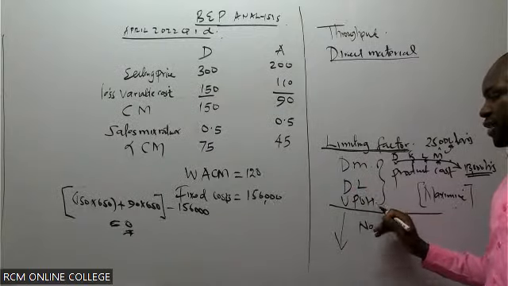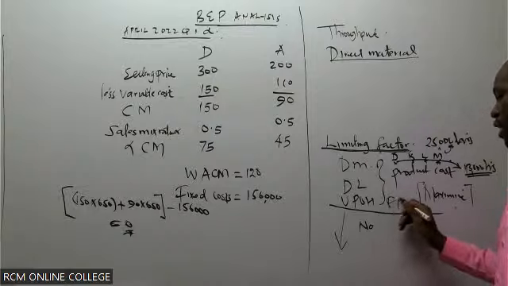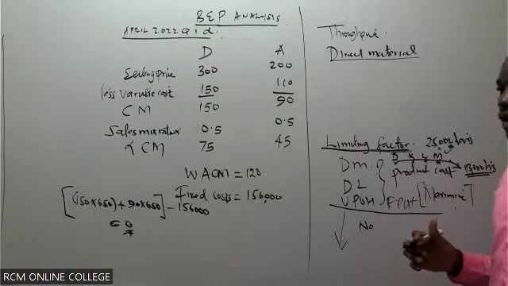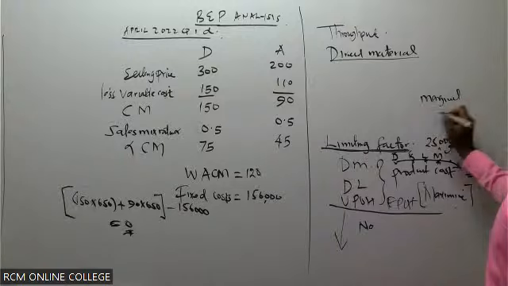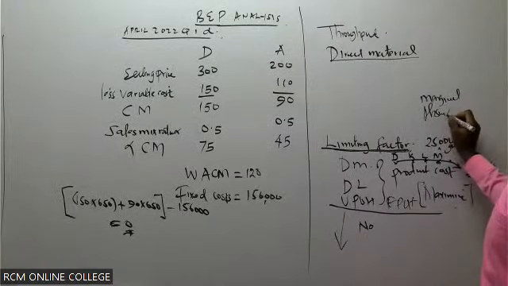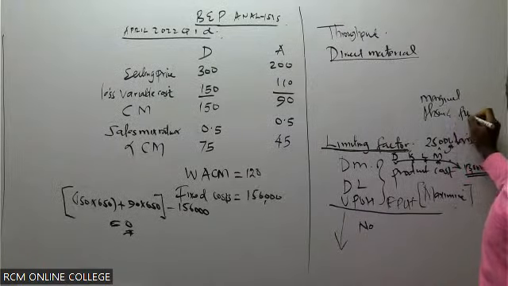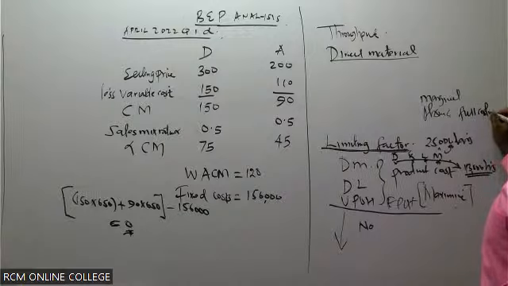Variable production overhead, the fixed production overhead will form part of product cost now, but it depends on the method that you are applying. Are you using marginal or absorption? Absorption costing is also called full costing, which I believe you're able to remember. Marginal, we also call it variable costing.